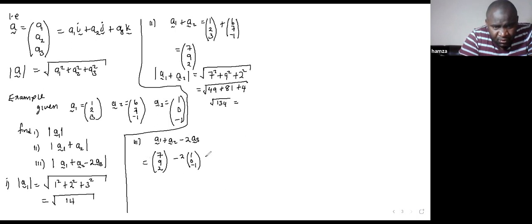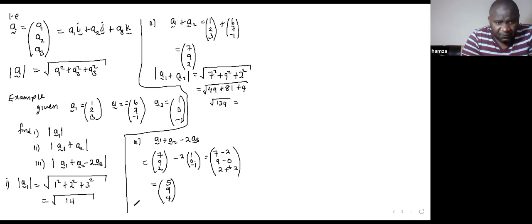This will take me to 7 minus 2, 9 minus 0, because I'm multiplying 2 times 1, 2 times 0, 2 times -1. Then I will have 2 minus -2. This gives me a plus. So the final answer becomes 5, 9, 4.